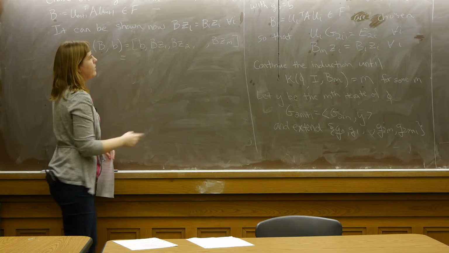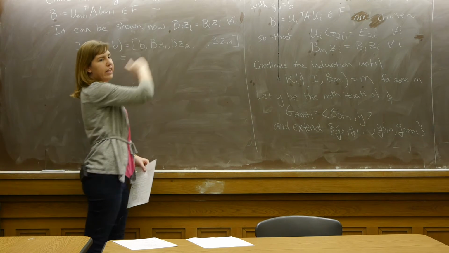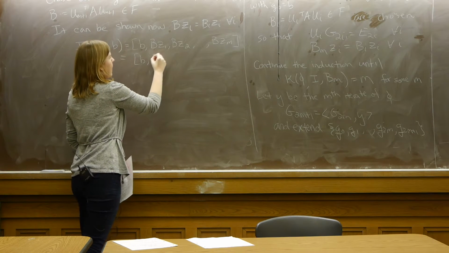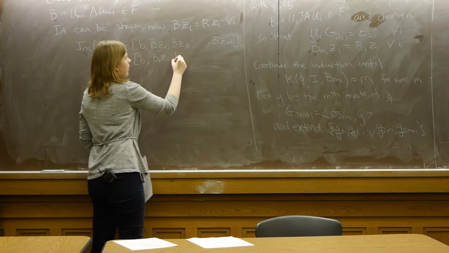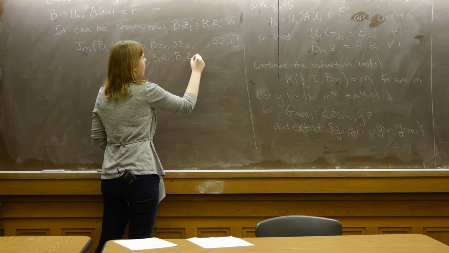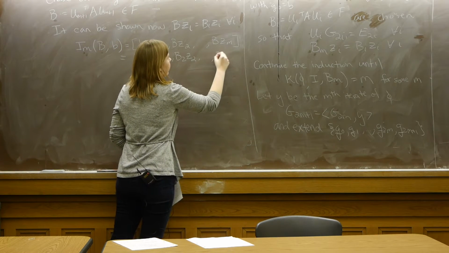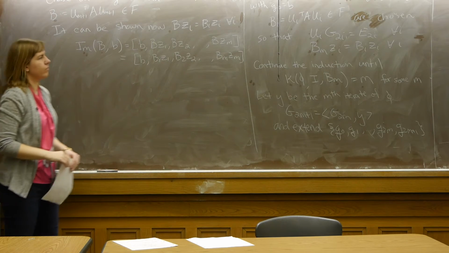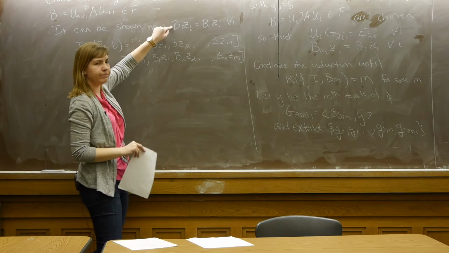Now, if we can show this, that means this is equal to B, B1 Z1, B2 Z2, through BM ZM. That follows from here.